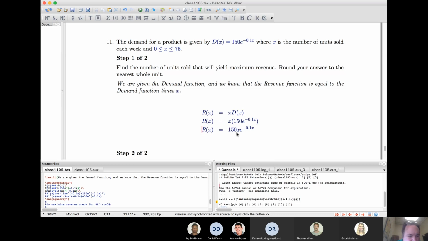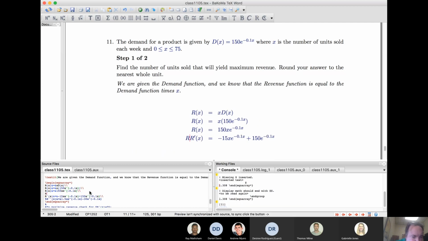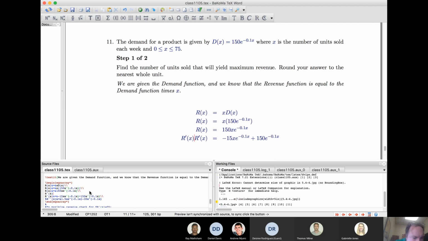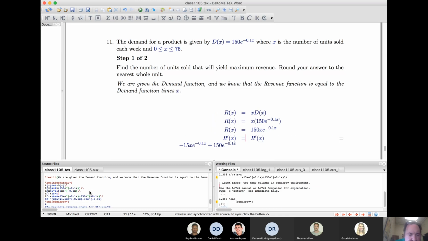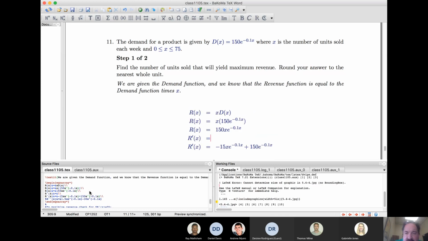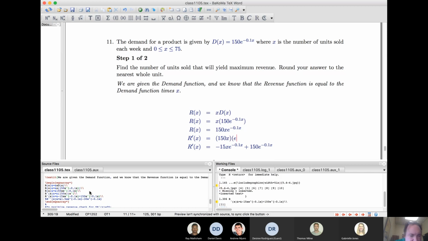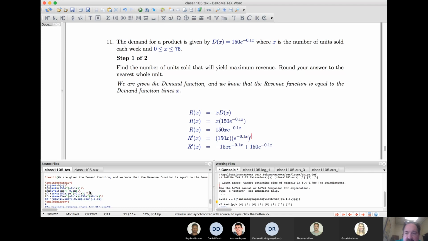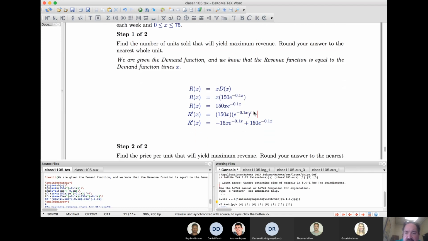So now for the derivative, we need the product rule, just to show where all this comes from. All right, so we have 150x times the derivative of the exponential part plus the derivative of 150x times the exponential.